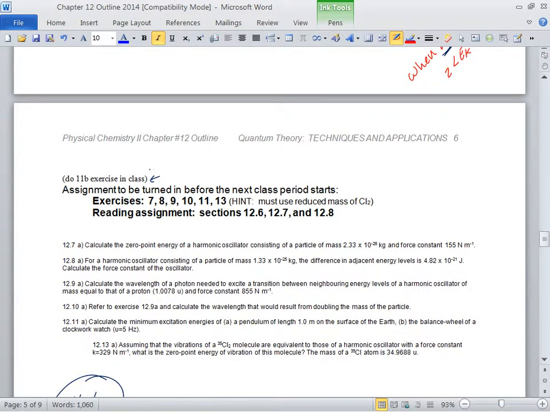All right, 11B had two parts, part A and part B. For the first part with the clock, I got 2.19 times 10 to the negative 29 joules. And in part B with the oxygen molecule, I got 3.14 times 10 to the negative 20 joules. Okay.